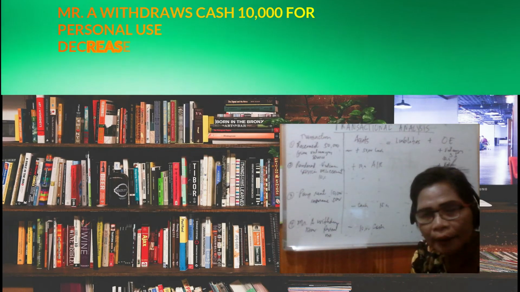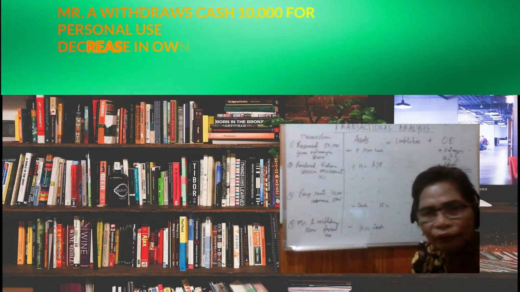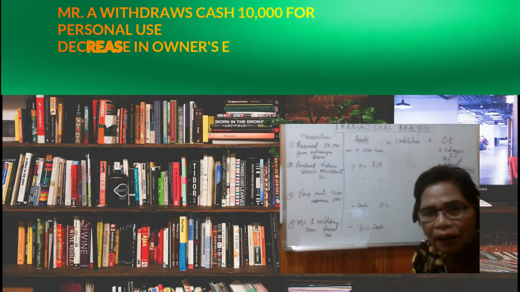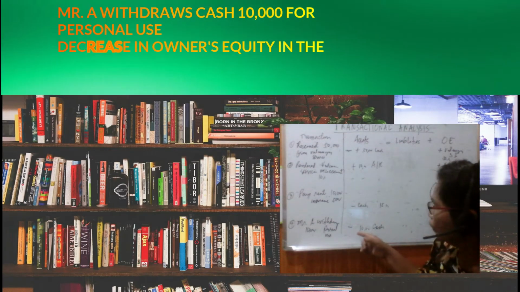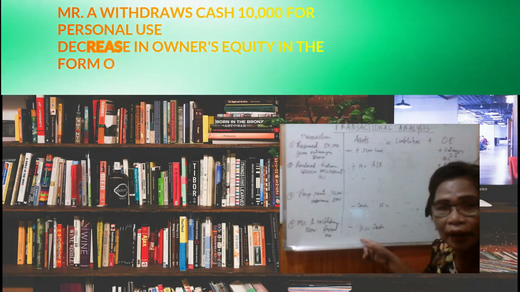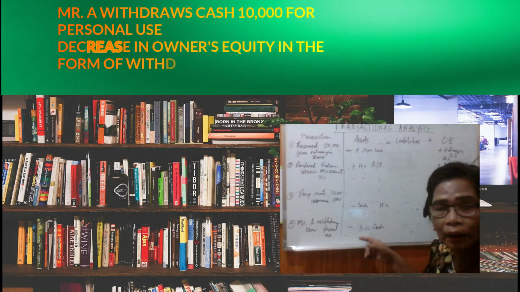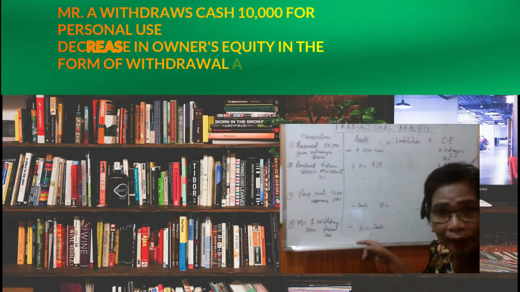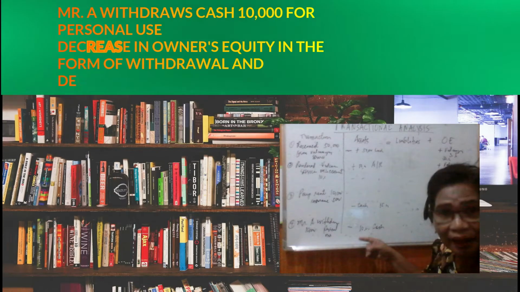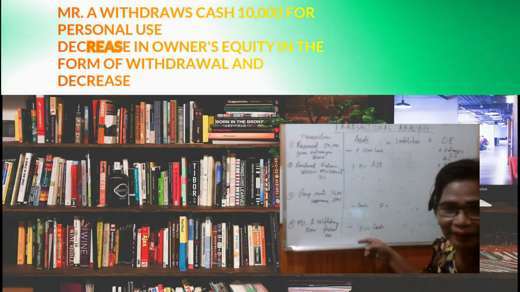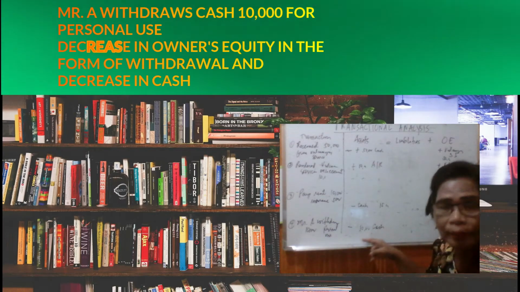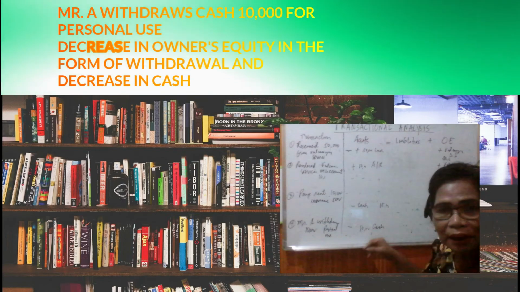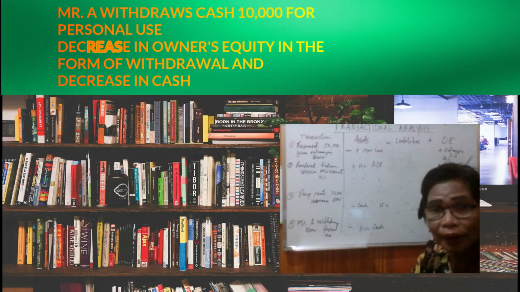In spite of the fact that Mr. A is the owner of the business, he's still going to record that. And the business, there is a decrease of cash because the business gave the owner 10,000. So that's the reason why there is a decrease of 10,000, because it's the business who gave Mr. A his 10,000 for personal use.